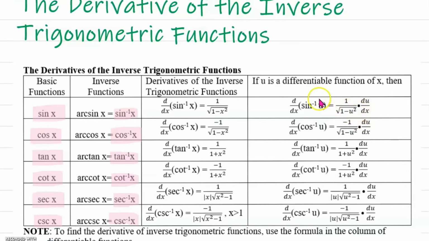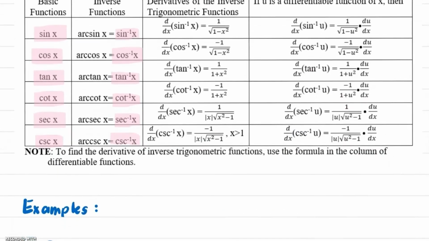So if we are looking for the derivative of the inverse trigonometric functions, after we have identified our inside function, or the function within our inverse function, then all we have to do is follow the formulas that we have on this column of our table. Let's move on to our examples.